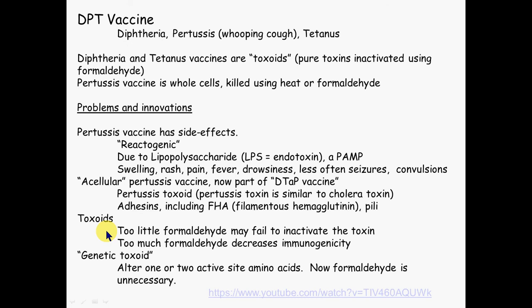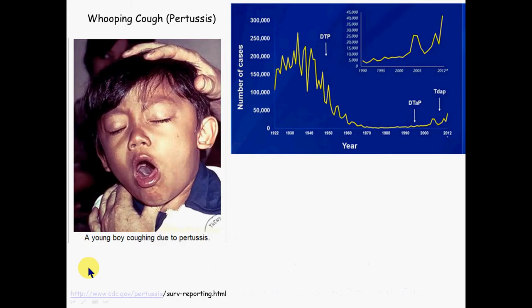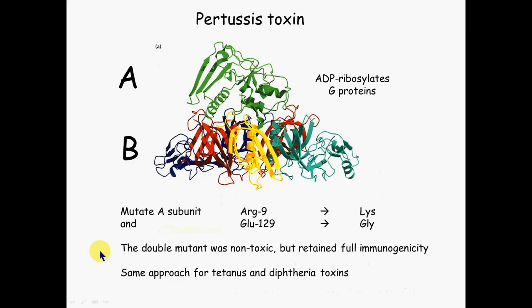So what has been done is to make a genetic toxoid. A genetic toxoid is a toxin that has been modified genetically to become harmless. This pertussis toxin is a pentamer of B subunits and a single A subunit.